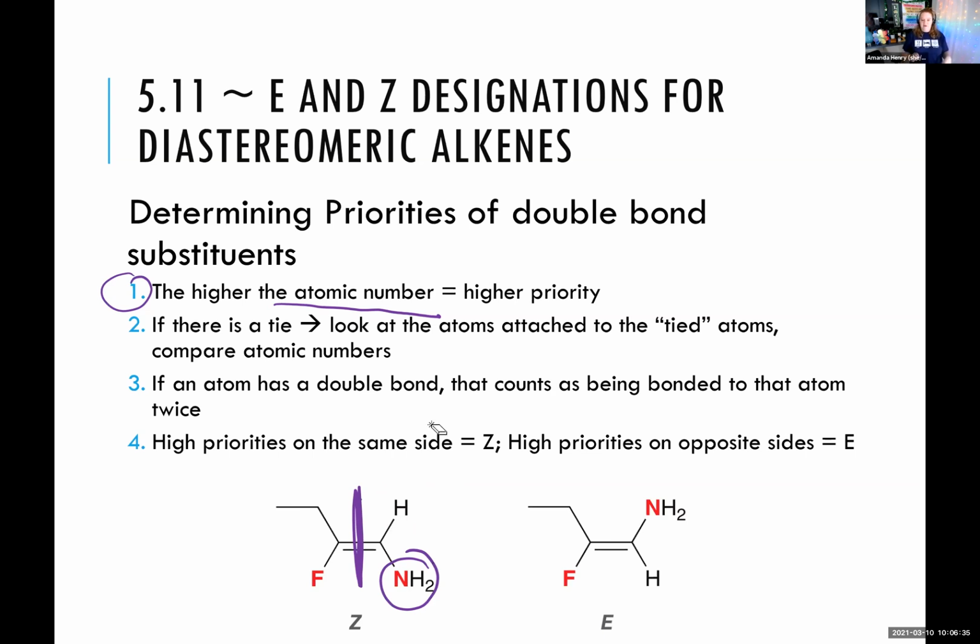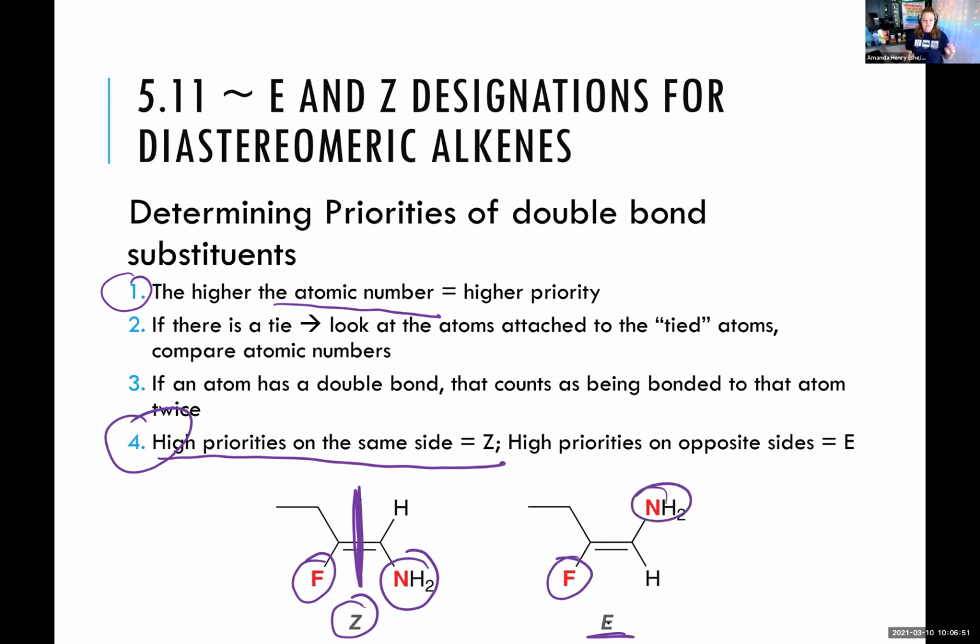Nitrogen's definitely higher in priority. And then we look at the other side. We have a carbon versus a fluorine. The fluorine's higher in priority. And then we say, if the high priorities are on the same side, it's Z. If the high priorities are opposite, it's E. So we're not numbering 1 through 4. We're just numbering 1 and 2 and 1 and 2, and then comparing the ones.